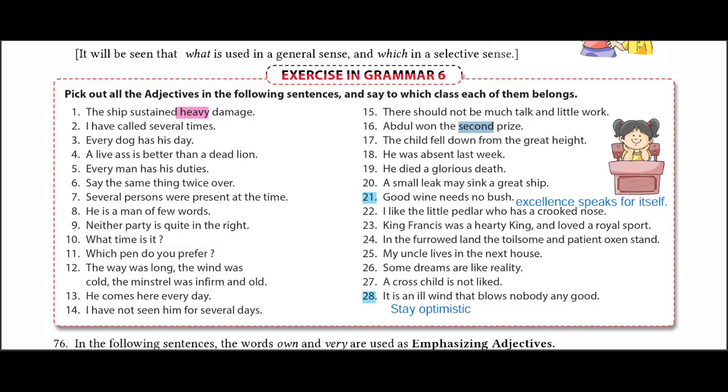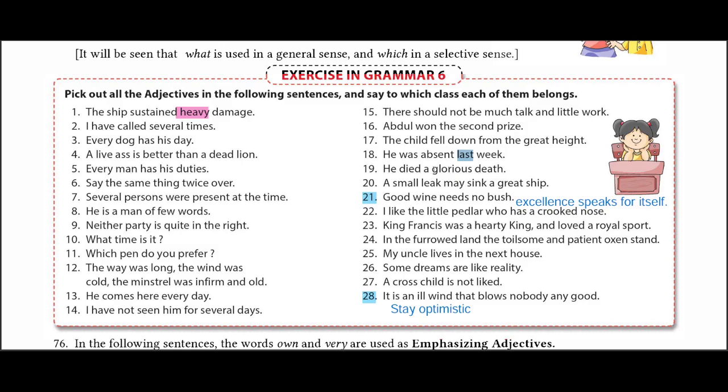Great height. How much height? Adjective of quantity. He was absent last week. Last week. This is a definite numeral adjective and is an ordinal. It is telling the order of the week.